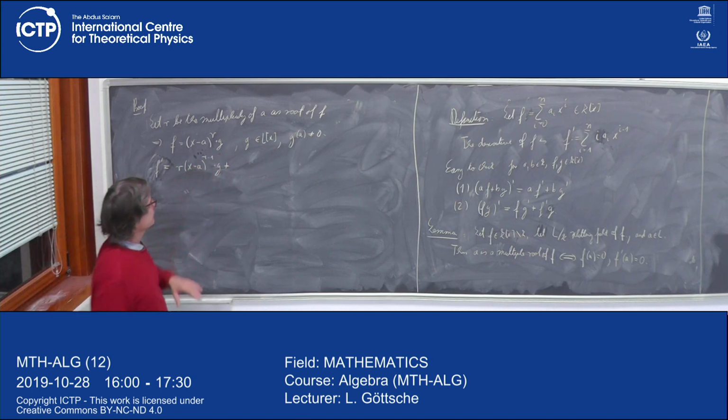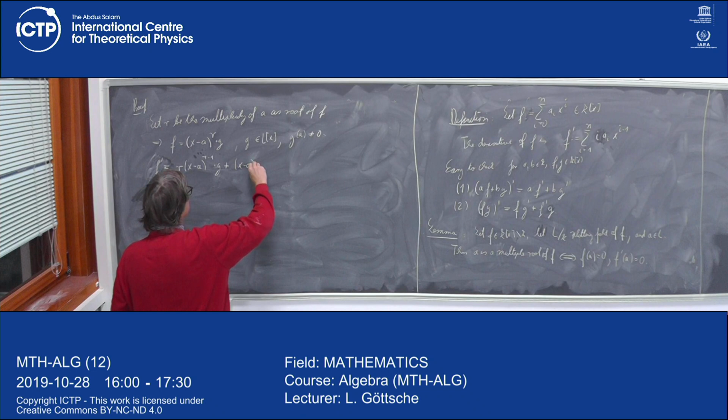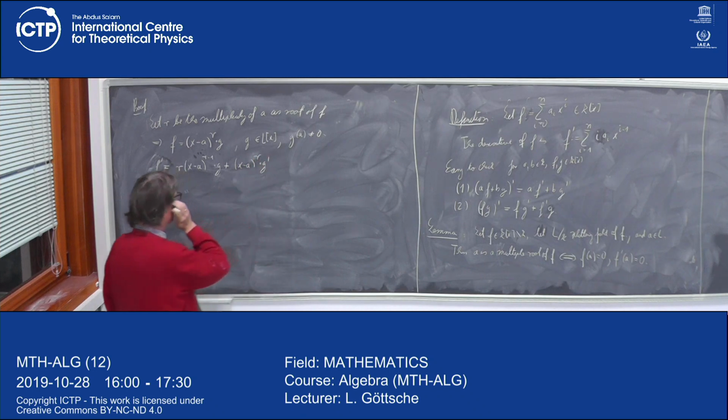Or we can take the derivative by the Leibniz rule, giving the first term plus (x minus a) to the r times g prime.